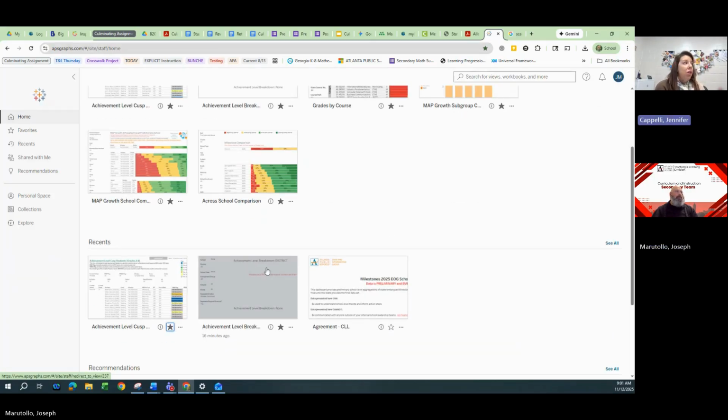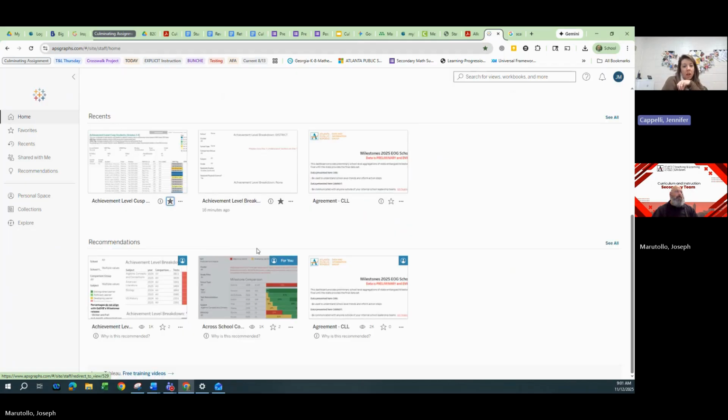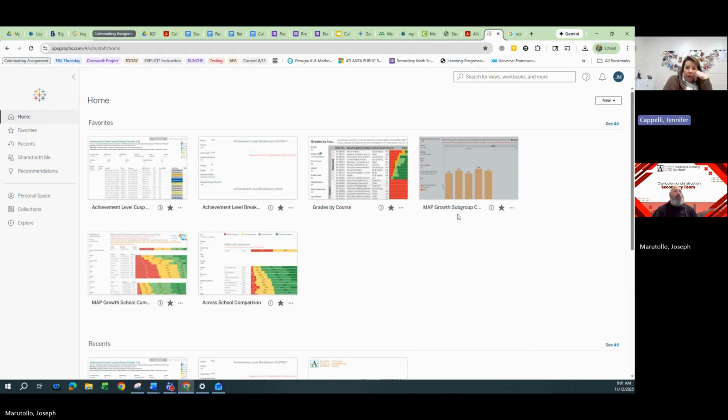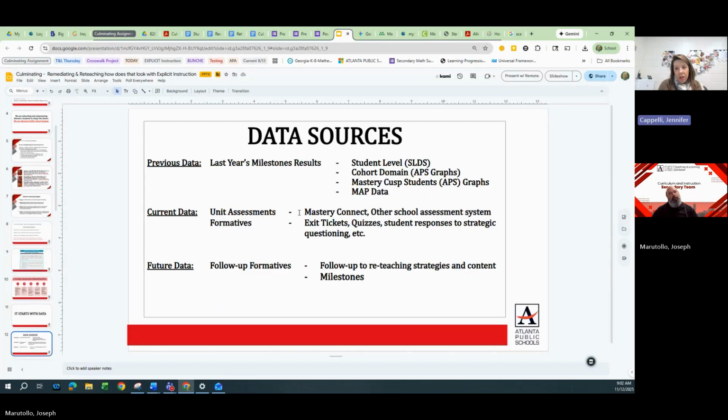I have pulled MAP and looked at the instructional report directly from NWEA. We don't have it in APS Graphs, none of our data feeds into Graphs anymore. Only K8 does, which I think is a challenge. They stopped feeding the high school data because it's not necessarily required for most grade levels.